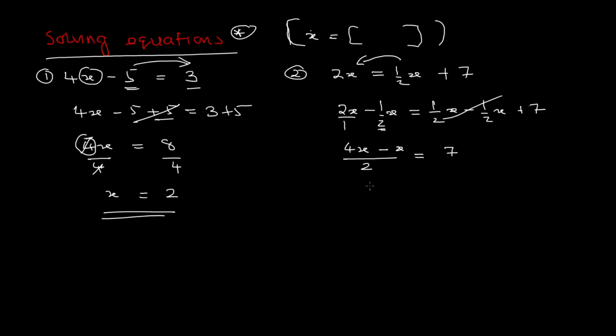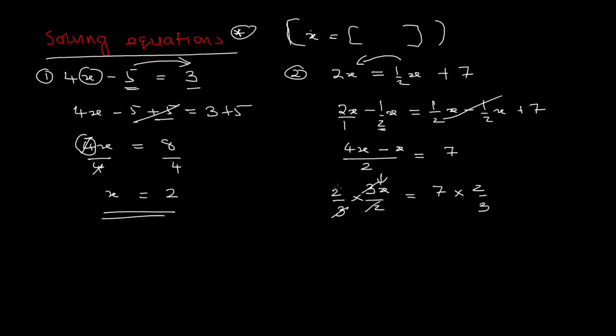So now what do I have here? I've got 3x over 2 is equal to 7, like that. So I need to free my x by multiplying by what? By multiplying with this 2 over 3 on both sides.